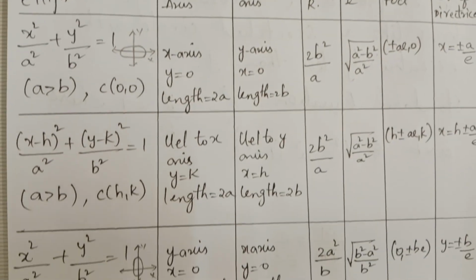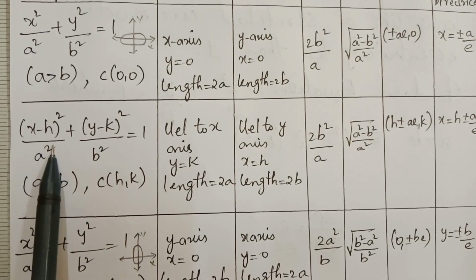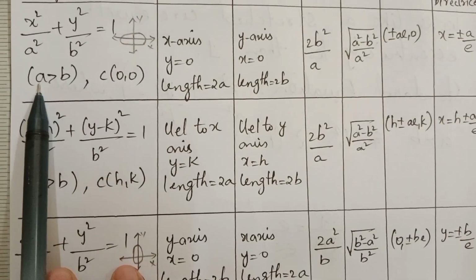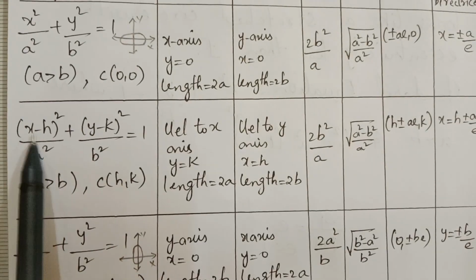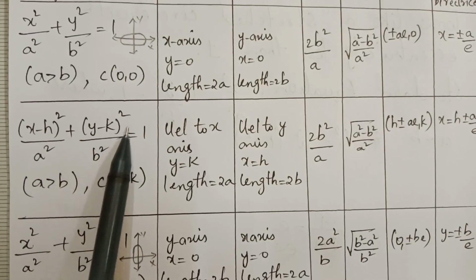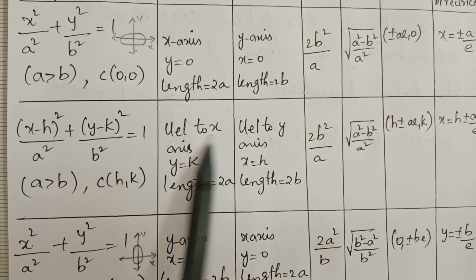The second form of the ellipse is where the center is h comma k. This is the standard form when the center is given, and these two conditions are for the ellipse where a is greater than b. It is x minus h whole square by a square plus y minus k whole square by b square equals 1. In this case also it is parallel to the x-axis.